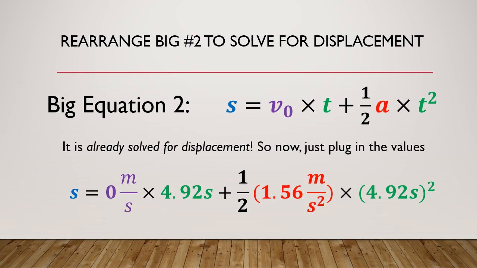So we get 0 meters per second, right, times 4.92 seconds, plus 1/2 times the acceleration, plus 1.56 meters per second squared, multiplied by the square of the time interval, which is 4.92 seconds. So you square that.